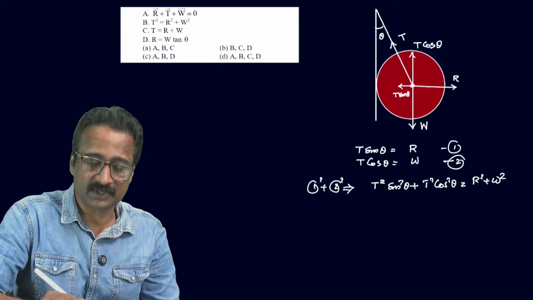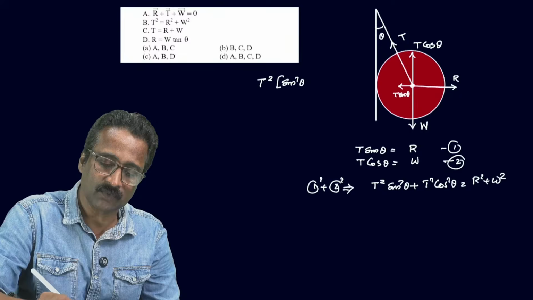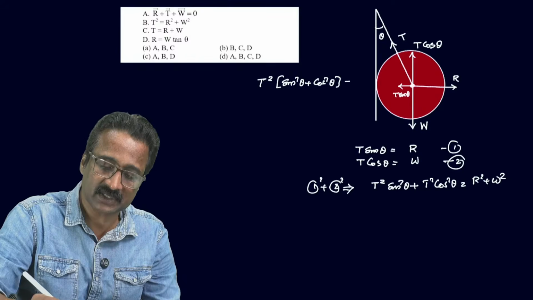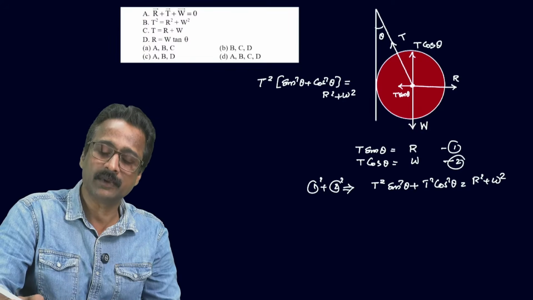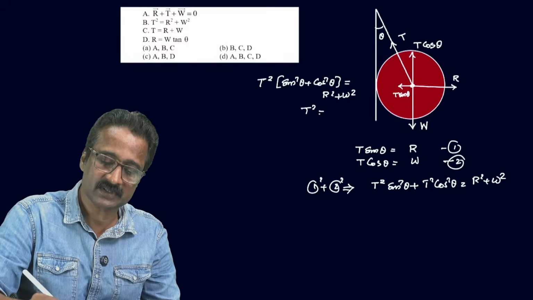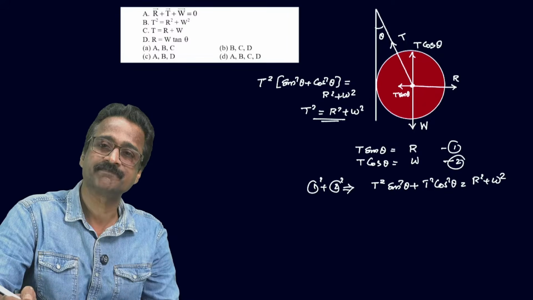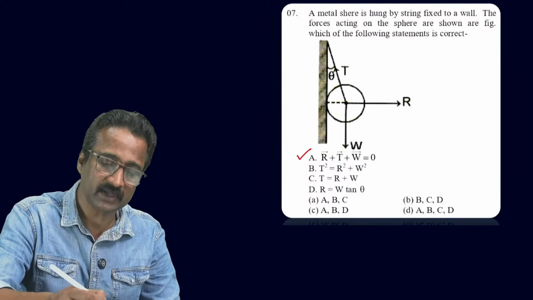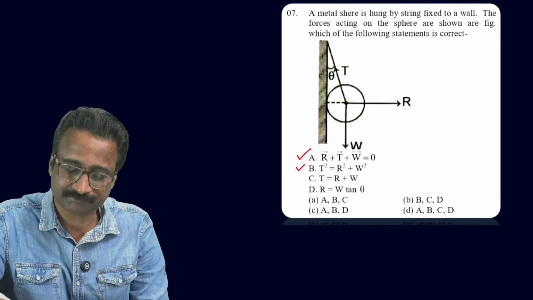Now T squared is common here, so T squared into sin squared theta plus cos squared theta equals R squared plus W squared. You know that sin squared theta plus cos squared theta is 1. Therefore, T squared is equal to R squared plus W squared, a correct result. They say that in this figure, T squared plus R squared is equal to W squared. So you must say that that's also a correct statement. So B is also correct.